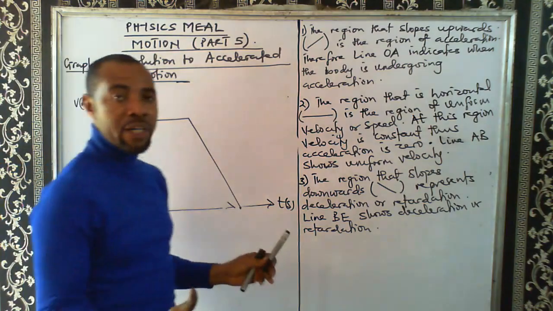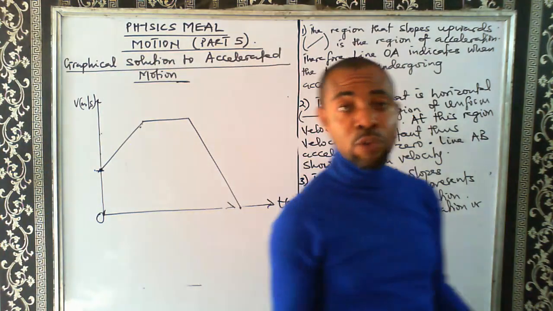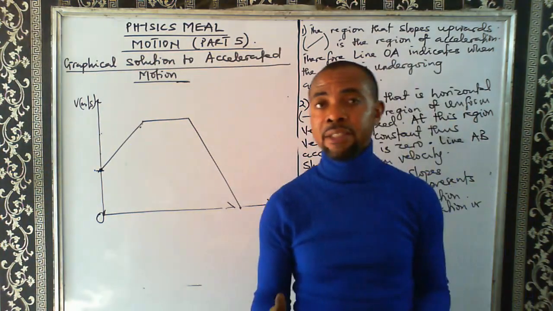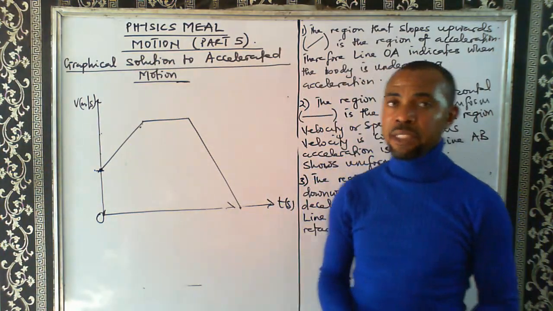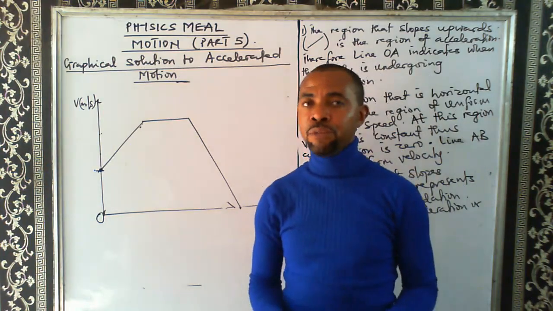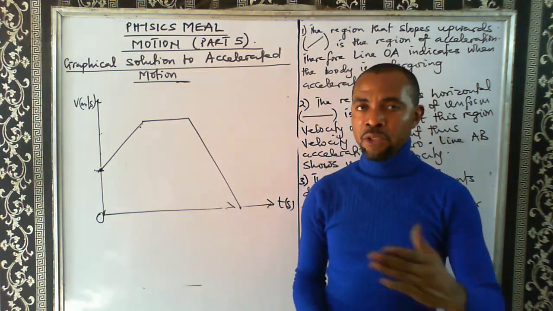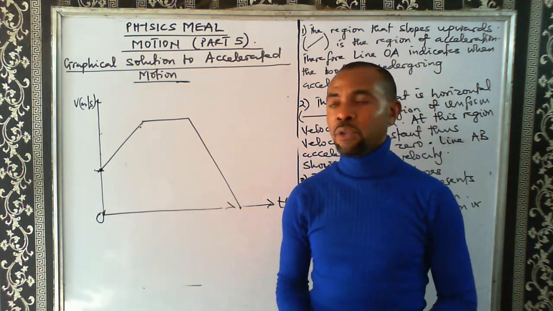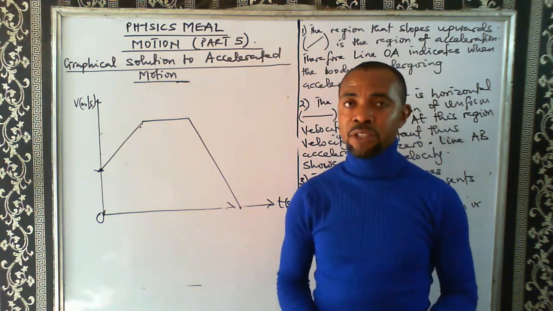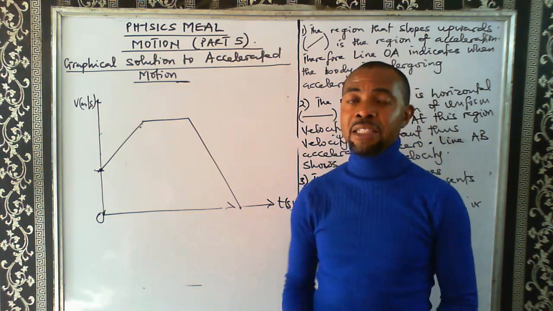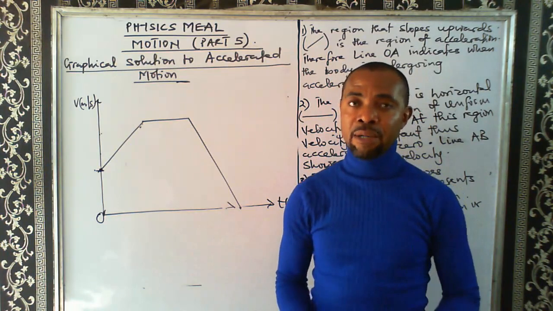So I believe it is clear to you now what each of the lines in a velocity time graph represents. And once you know what they represent, you can carry out calculations, or you can analyze a velocity time graph.